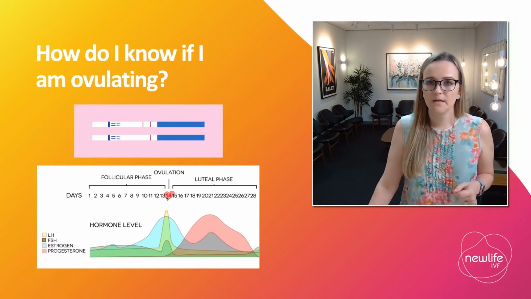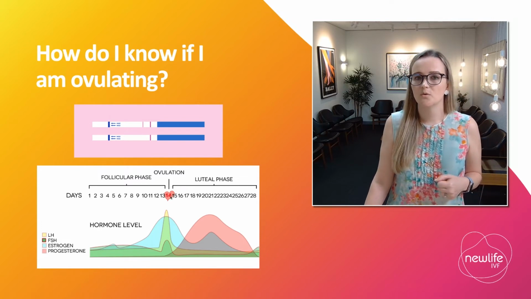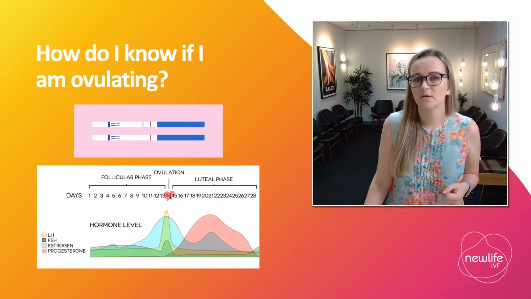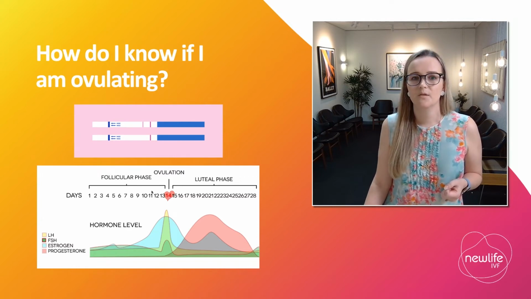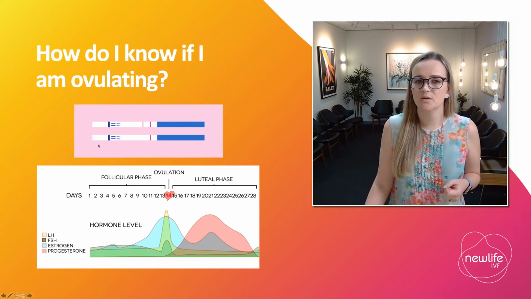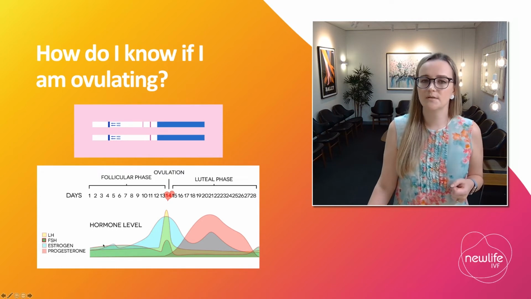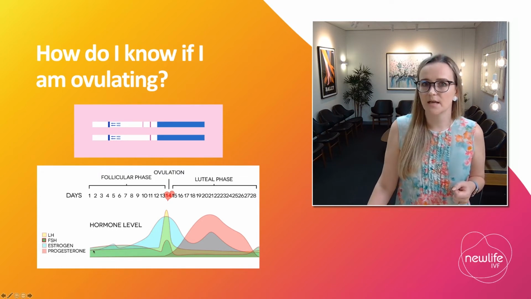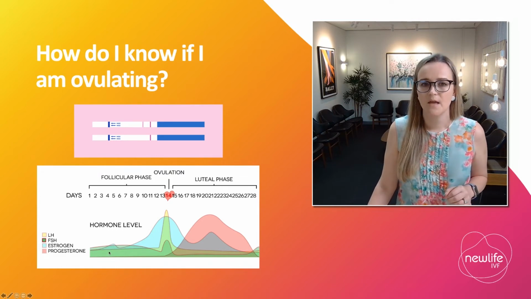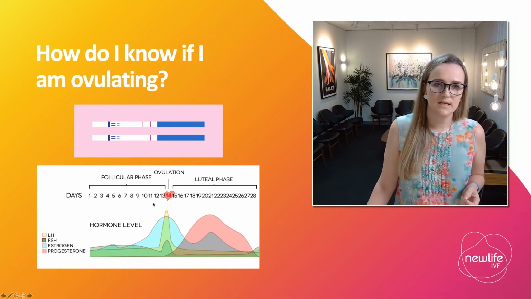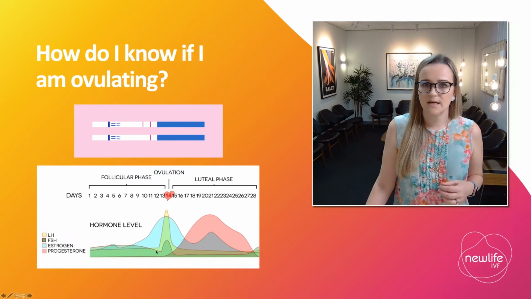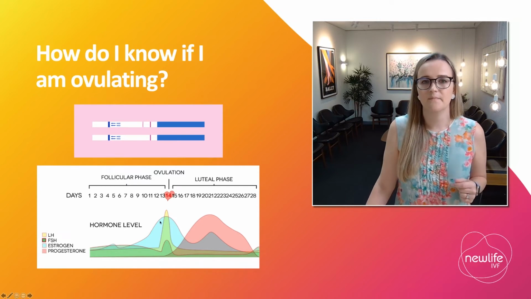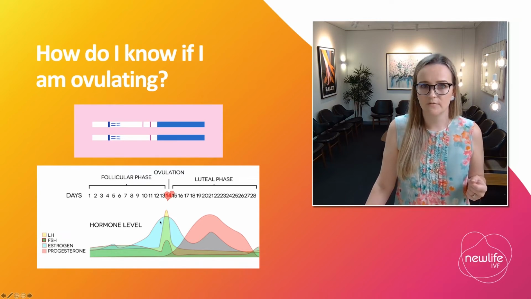So some women use what's called an ovulation prediction kit or an LH test strip. And the way this works is that LH is a hormone that is throughout most of the menstrual cycle at baseline levels, usually less than 5. Just prior to ovulation, we see here in a 28-day cycle around about day 14, there's a sudden rapid increase in detectable LH levels.